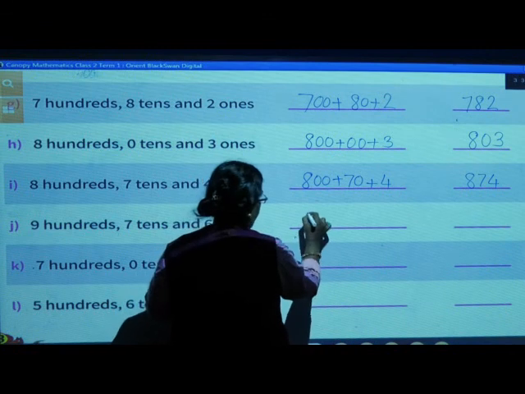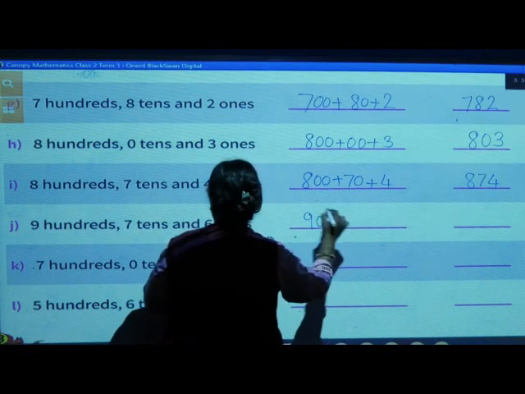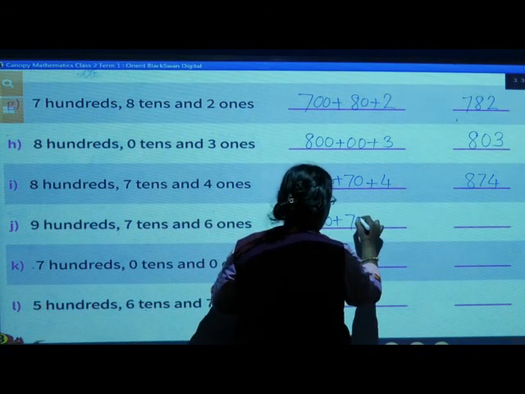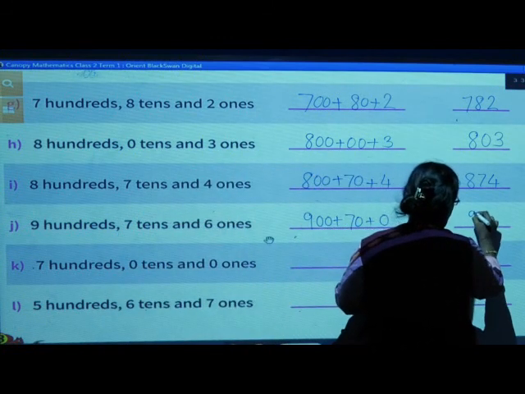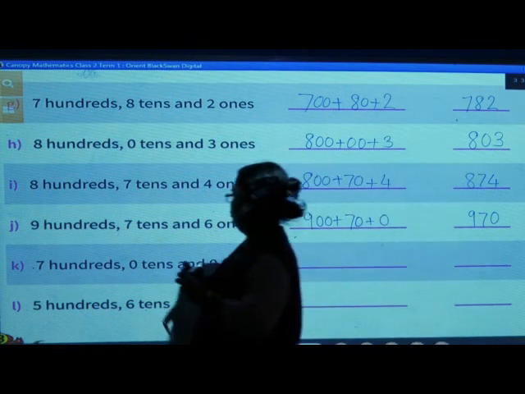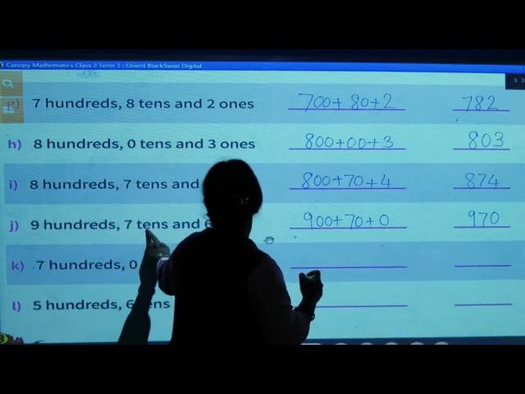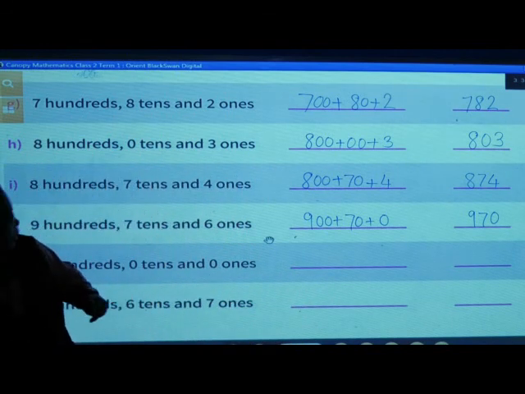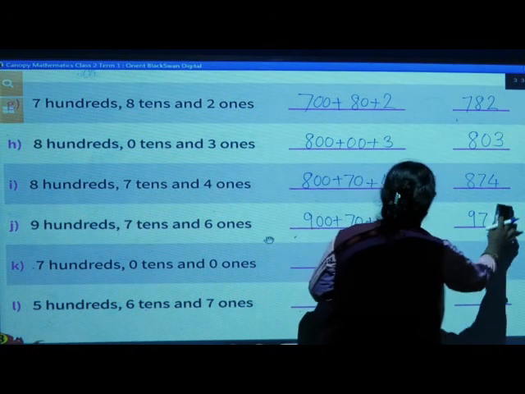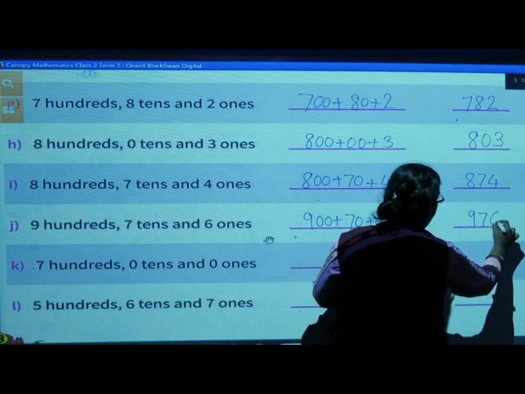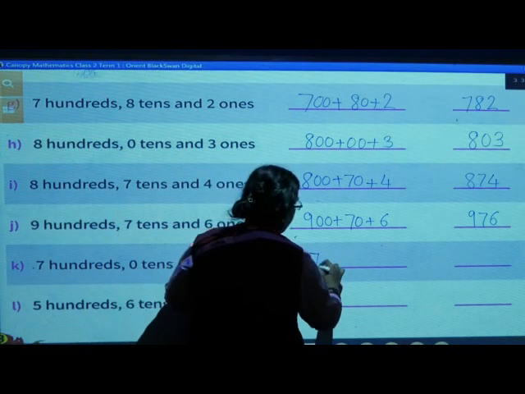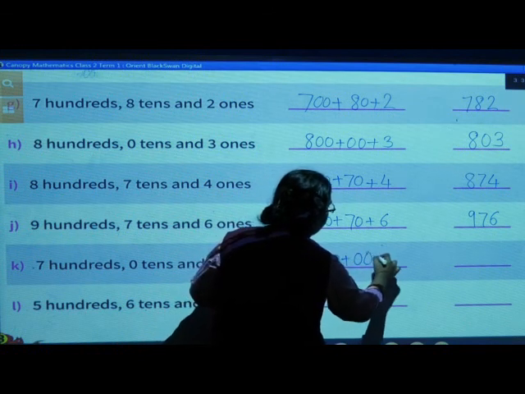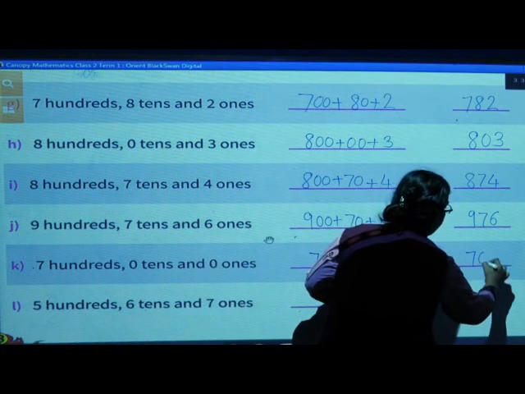Then 900 plus 7 tens plus 6, sorry, 6 here, it will come 976. Then 700 plus 0 0 plus 0, that is 700.